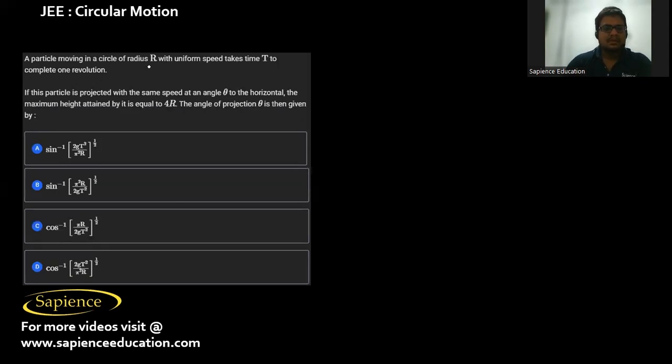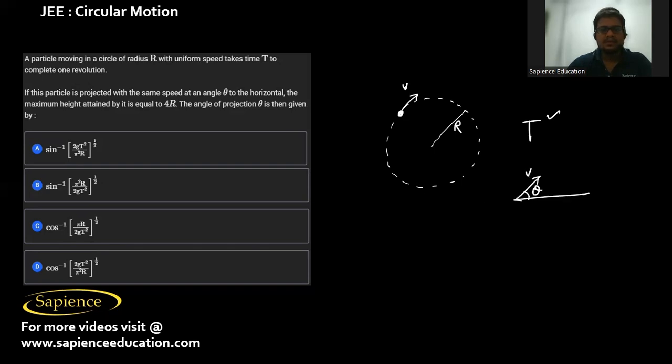And here it is told, a particle moving in a circle of radius r with uniform speed v takes time T to complete one revolution, so that time period is T. If this particle is projected with the same speed at an angle theta with the horizontal, let's say it is moving with the velocity u, the maximum height attained by it is equal to 4r.